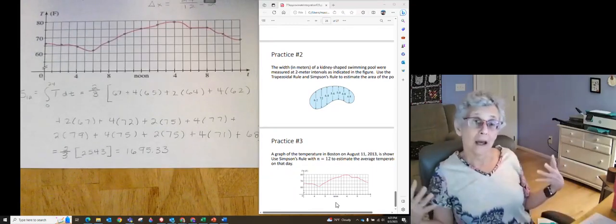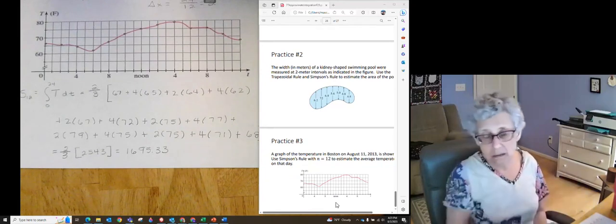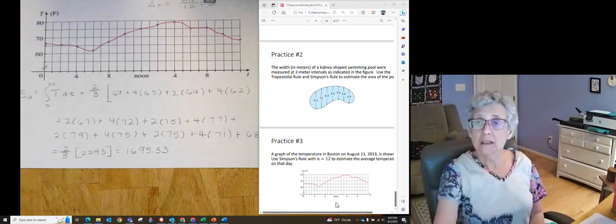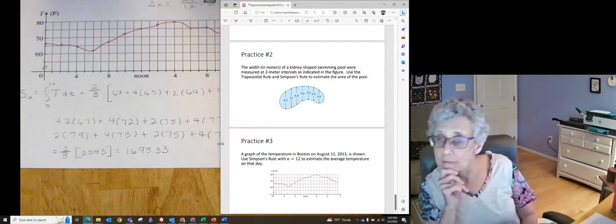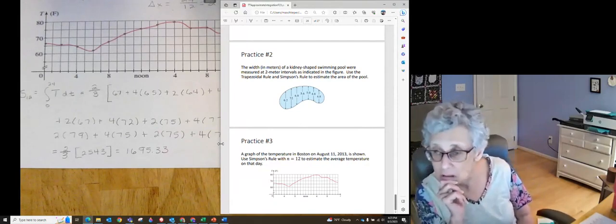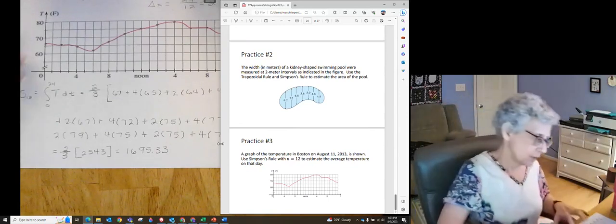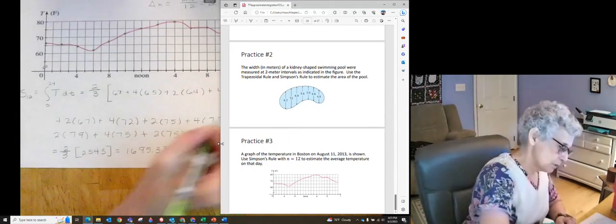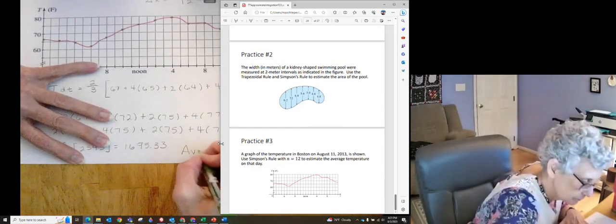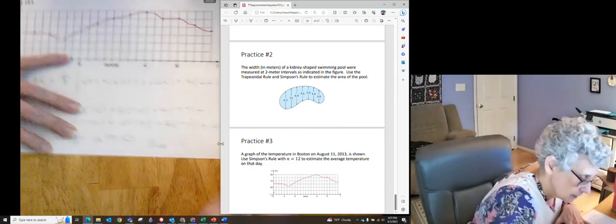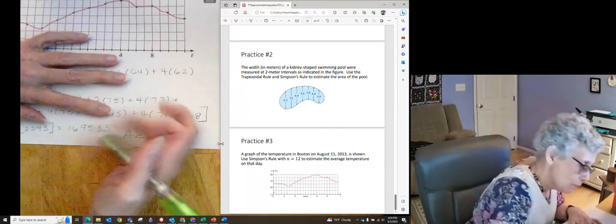So, what I have here is the area under this curve. I just added and did my multiplying. But I need to carefully read what I'm asked to figure out. This is a graph of the temperature in Boston on August 11th. We want to estimate the average temperature. So my average temperature is going to be equal to 1 over the number of hours.